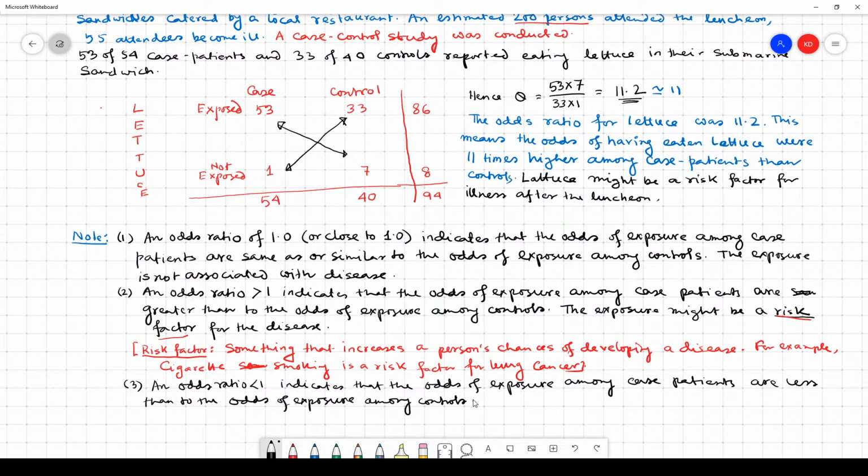The exposure might be a protective factor against disease. So, what do you mean by protective factor?